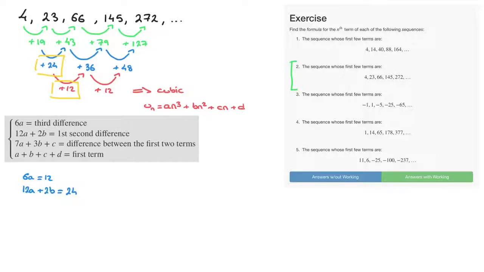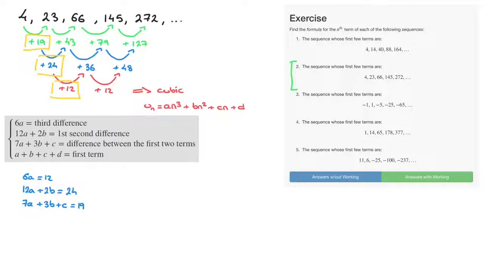We move on to the third equation. 7a plus 3b plus c must equal the difference between the first two terms, which is this difference here, 19. So our third equation would be 7a plus 3b plus c equals 19.